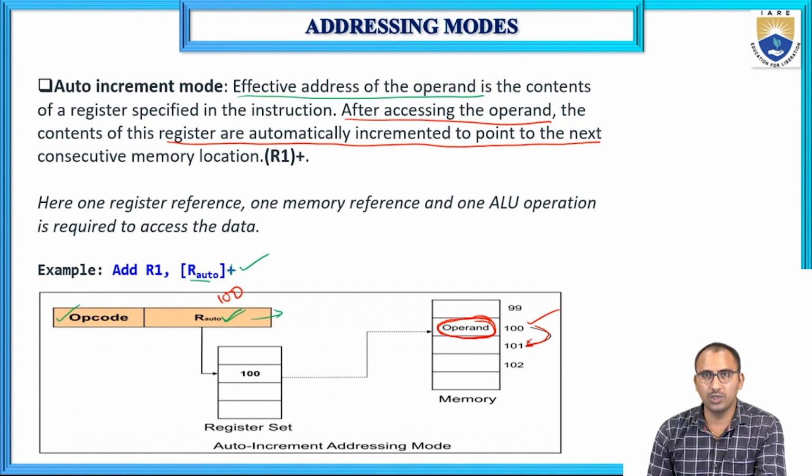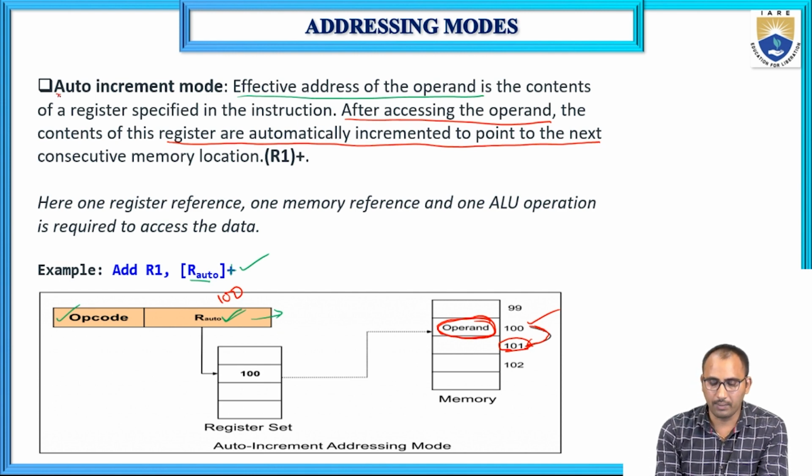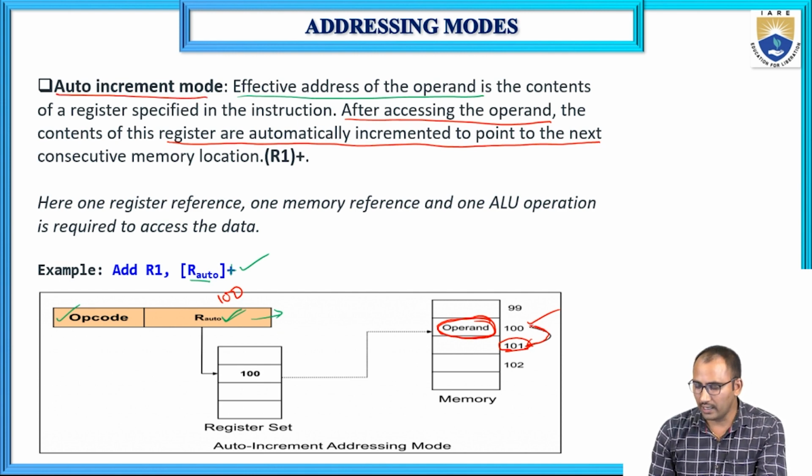What is the next consecutive memory location? 101. So it will be incremented. This is called auto increment. Automatically its address is incremented to the next consecutive memory location. That's why it is called auto increment mode.